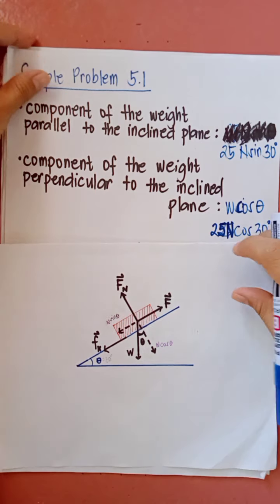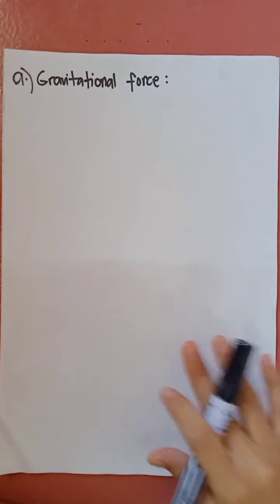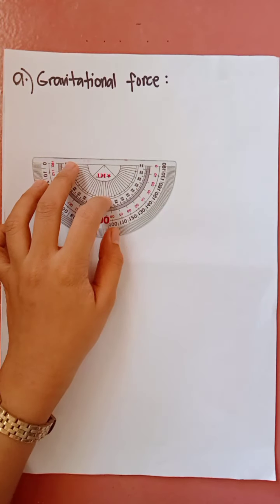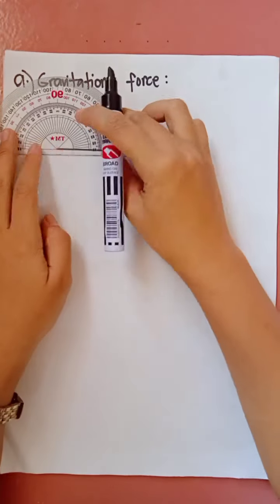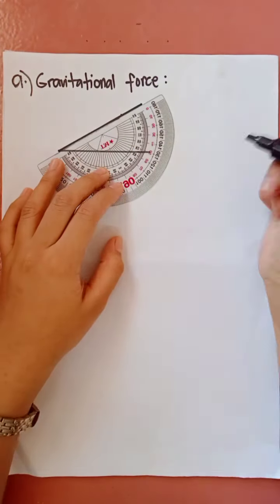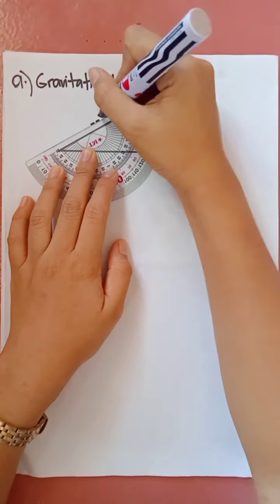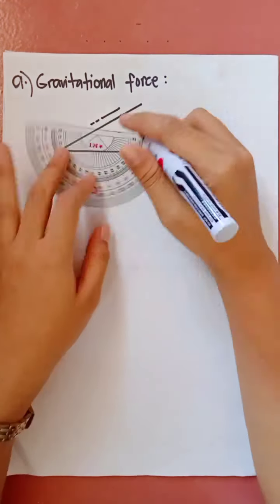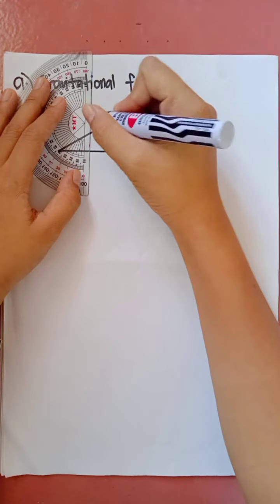We will start with A, the gravitational force. Okay, we will have to deal with another diagram for this one. And then the weight.